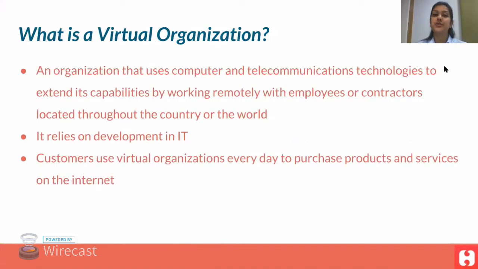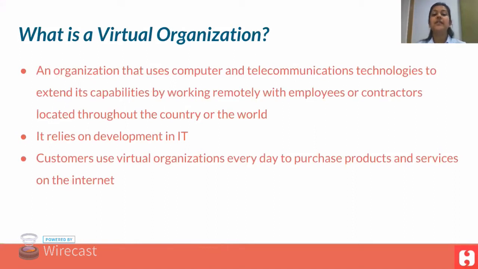Now, what is a virtual organization? So it is an organization that uses computer and telecommunication technologies to extend its capabilities by working remotely with the employees. So all the employees, they work remotely. You do not need to sit in the same premises, as I already mentioned. And these employees can be located throughout the country or in some other part of the world.